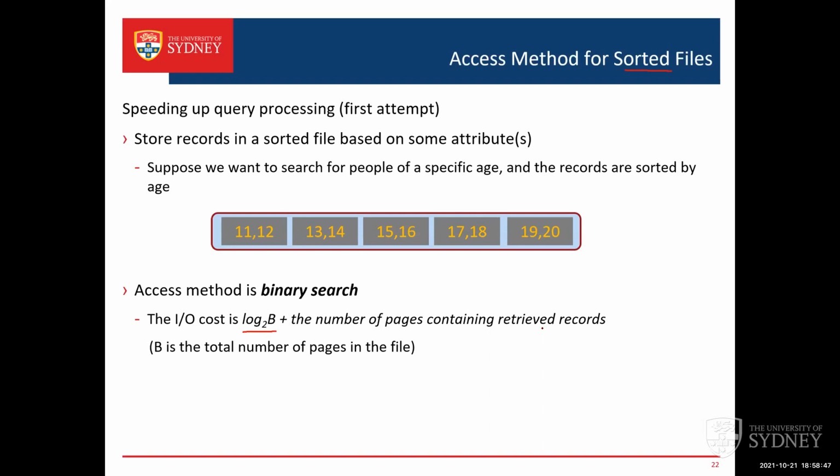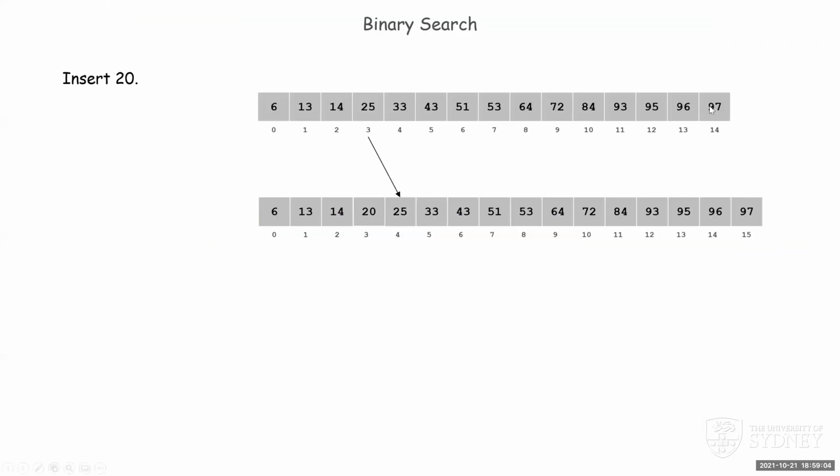So if you are looking for something, let's say the query is saying where mark is greater than 50. So you figured out where 50 is, right? So you find that page, and from there you transfer all the remaining pages, right? So in this case we are looking for greater than 50, right?